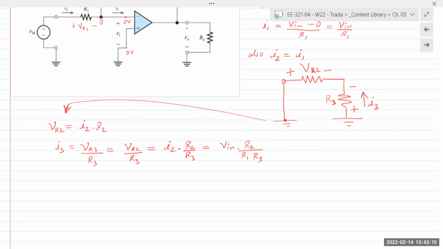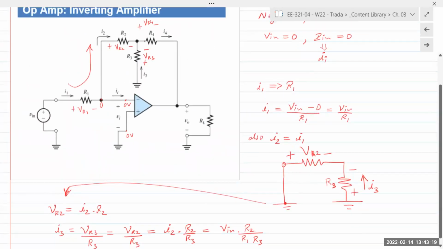So now we want to calculate I4. We can simply apply KCL here because we already know I2, we already know I3.